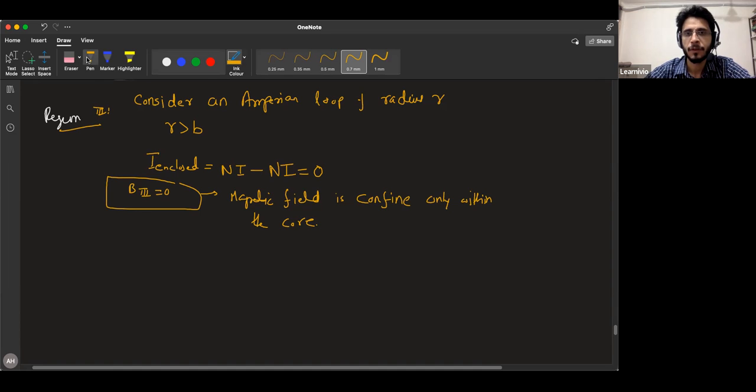And cylindrical symmetry simply means your magnetic field is in the form of circles around the cylinder. That's why I told you to take an Amperian loop. For a particular point, the magnetic field will be tangential, the length element will also be tangential, and the angle will be 0. That's the same thing that these points mean, all those points that we wrote for this Amperian loop. That's it.